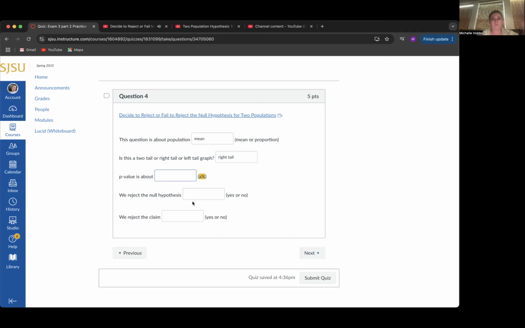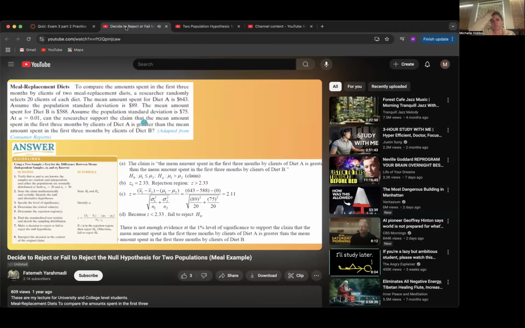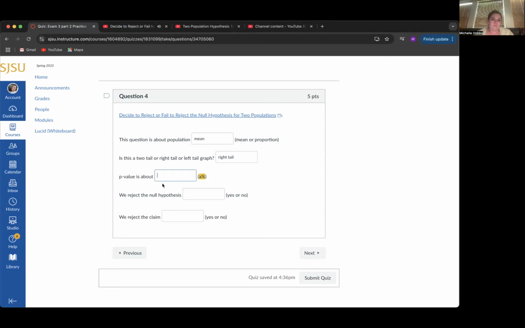At 1% level of significance, can the researcher support the claim that the mean amount spent in the first 3 months by clients of diet A is greater than the mean amount spent in the first 3 months by clients of diet B?